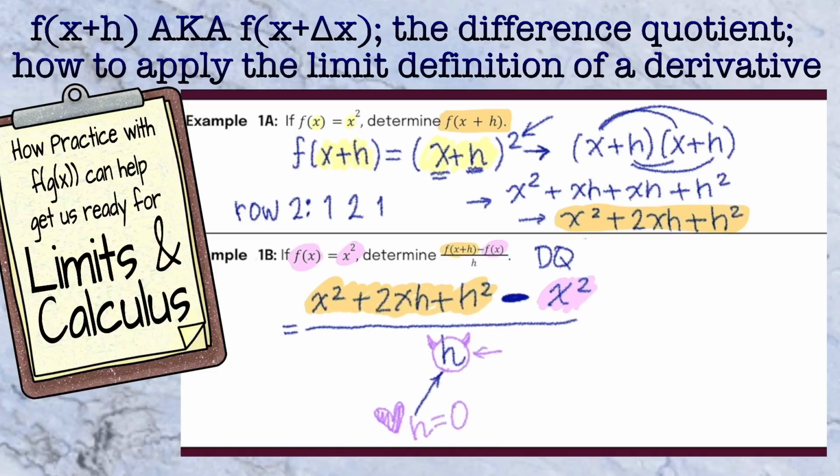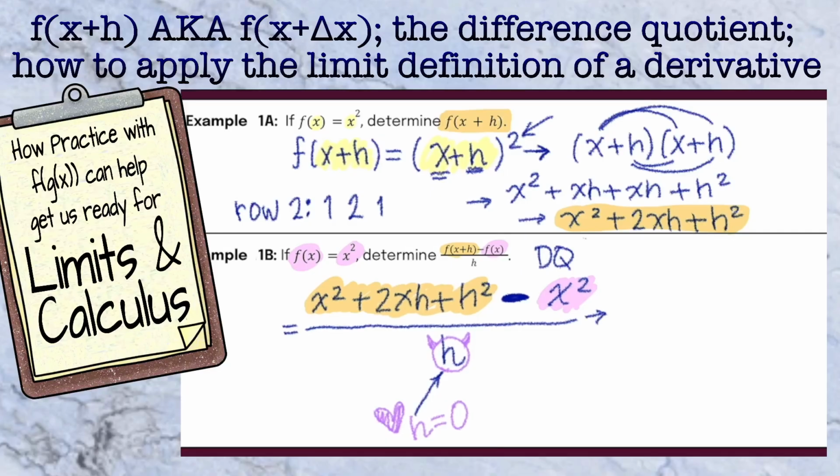But being in the denominator the way he is, he's not allowed to equal 0. So we want him to cross out, go away, so that we can plug in 0 for h.